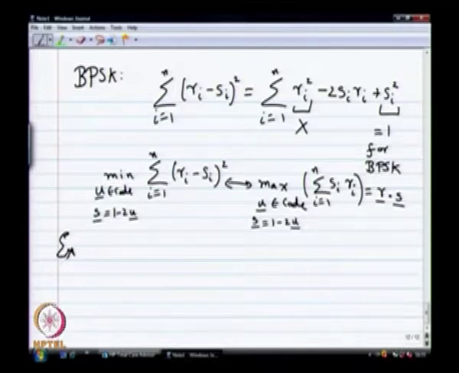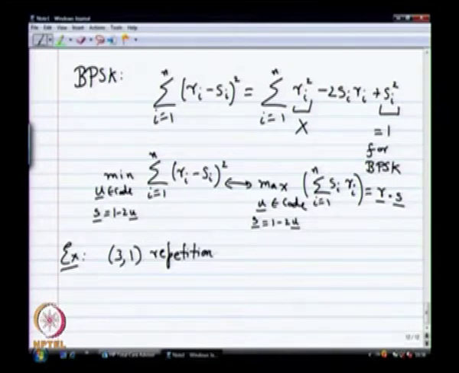Okay. So now it is time for an example. Let us do a very simple example and see how this works. The example we will do will be a 3-1 repetition code. Okay. So 3-1 repetition code, I am going to give you some received vectors, okay, and you have to tell me the message. Is that okay? 3-1 repetition code, BPSK over AWGN, of course it is always going to be true.